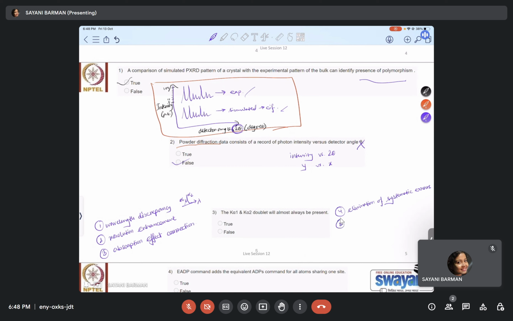By using both of the lines, they will help in identifying and correcting the systematic errors. These errors can include instrumental artifacts, crystal misalignment, or other factors that might affect the accuracy of the diffraction pattern. Now the next one is quantitative analysis.